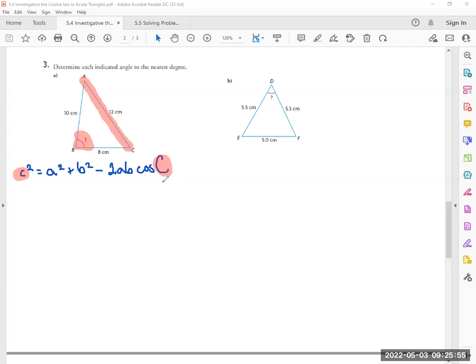So I'm going to plug it in. My B is here, and I don't know what that is. I'll put that as a theta, I guess. And then put that in blue. So C this time is my 12 squared. My A, I'll write it as 8 squared. My B, 10 squared minus 2 times 8 times 10 cosine angle B, or angle theta.